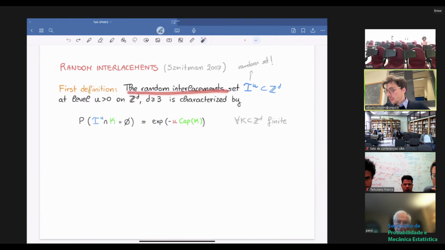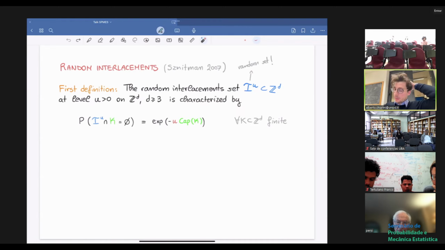So the random interlacement set is a random subset of Z^d, and it is characterized by the following property: the probability that the random interlacement set does not intersect the set K is exactly equal to exponential minus u capacity of K, for all K subset of Z^d finite.